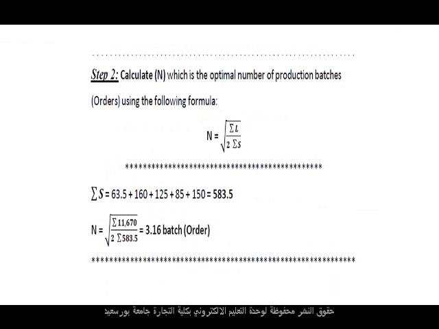Step 2. Calculate N, which means the optimal number of production batches or orders, according to this equation: N equals the square root of summation L over 2 times summation S. Summation S means the summation of the column of S, which you can get as 583.5. So N equals the square root of 11,670 over 2 times 583.5.